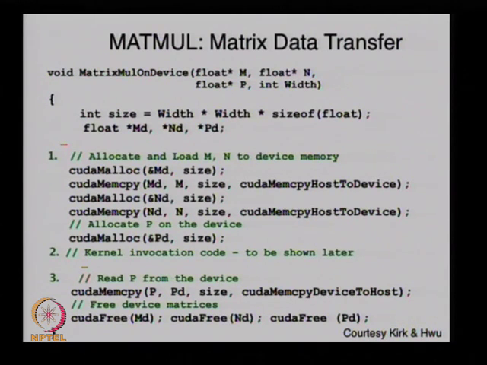In the simple case, we have one entire row of M and one entire column of N being read by one thread. We realize that the same row is also being read by other threads, and the same column is also being read by some other threads. So there may be additional reading we are potentially doing here.